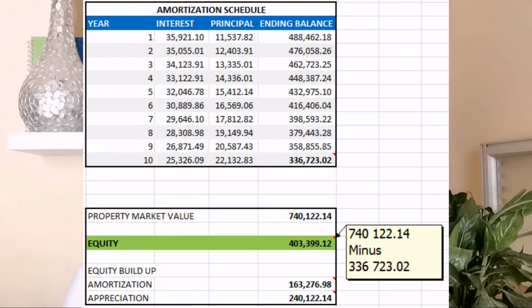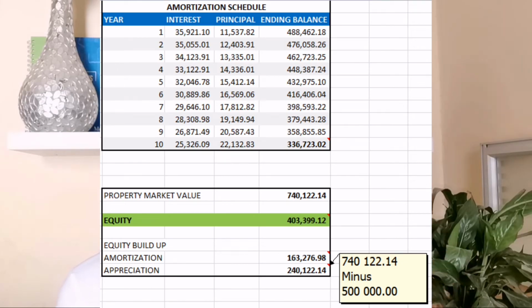Now we need to appraise the property to get the current market value, and the appraised market value of our property is 740,122 pula 14 thebe. We are assuming here that our property is appreciating at an annual rate of 4%. Very conservative rate that we are using here, 4%, and that is what we get.